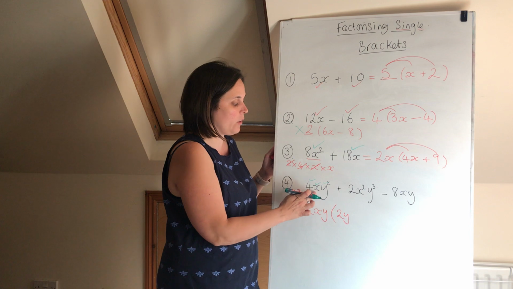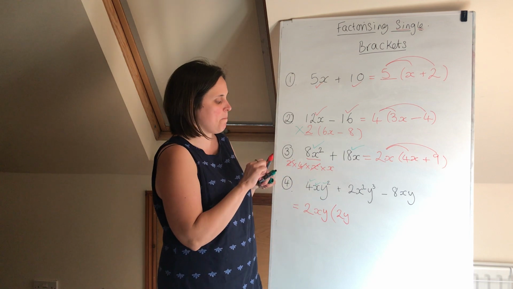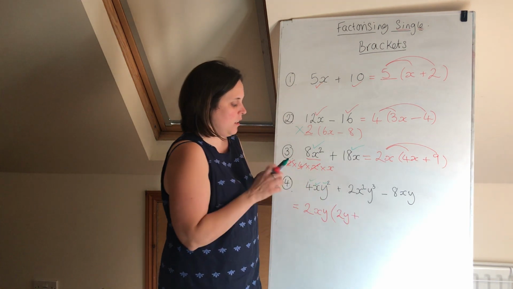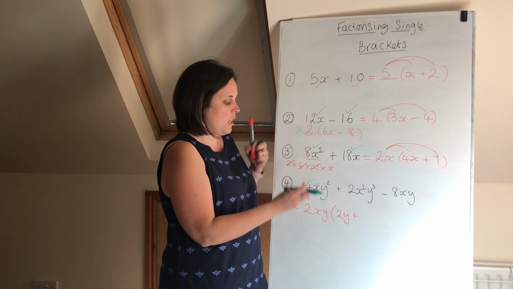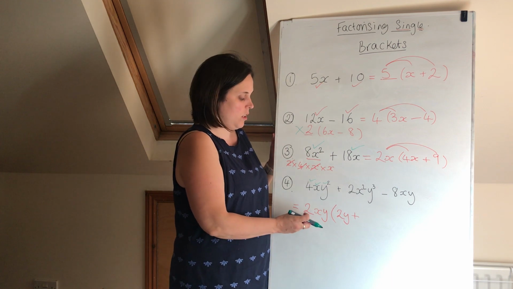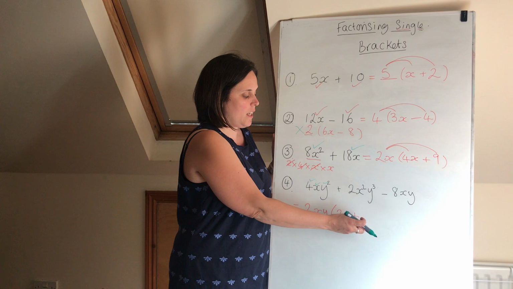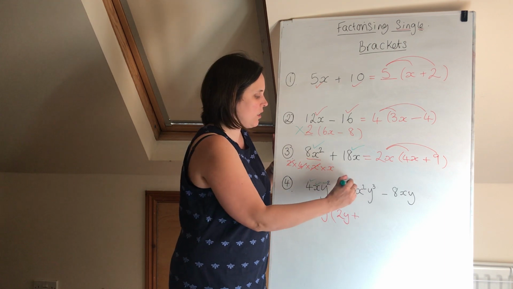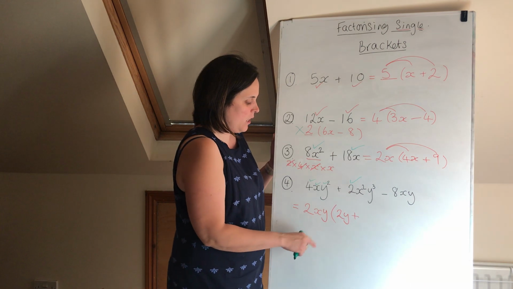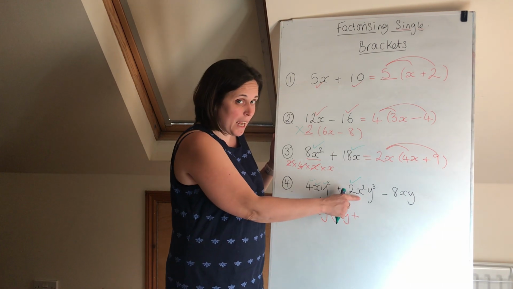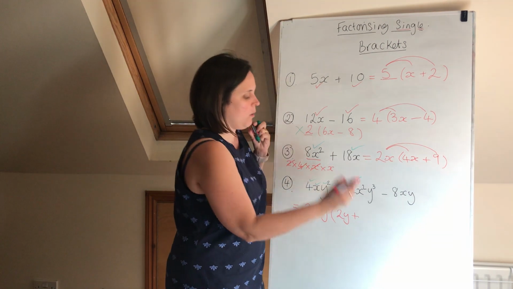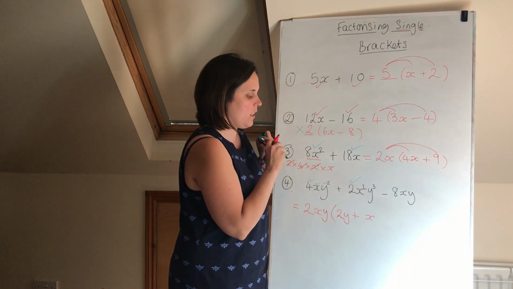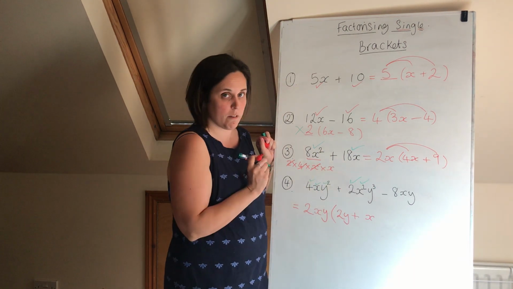So we've got the 4, we've got the x, we've got the y squared, we're happy. Plus, now, we actually don't need a number here, do we? Because we've already got 2. Essentially, there's actually going to be a 1 there, but we don't write it because we don't need to. So that's dealt with. We've got x, we need x squared, so we need an x. That's fine. X times x will give me x squared.